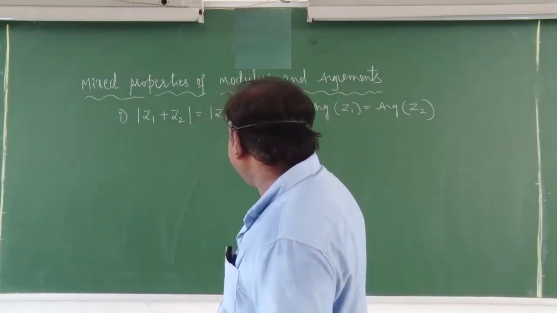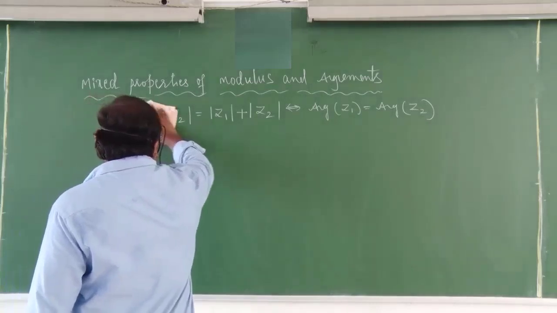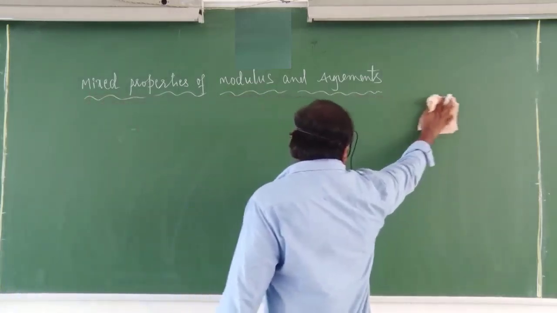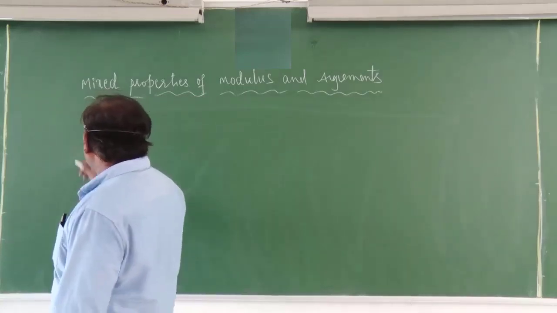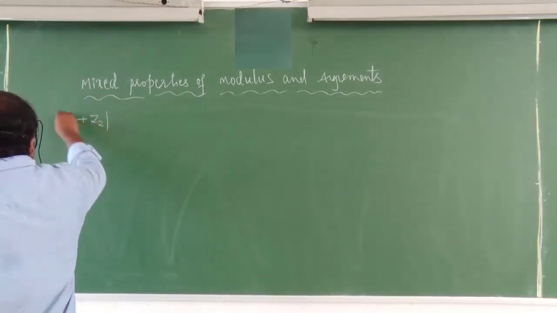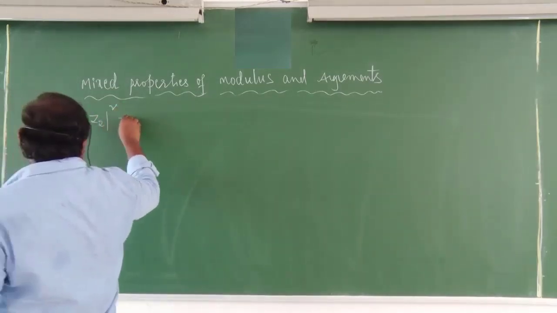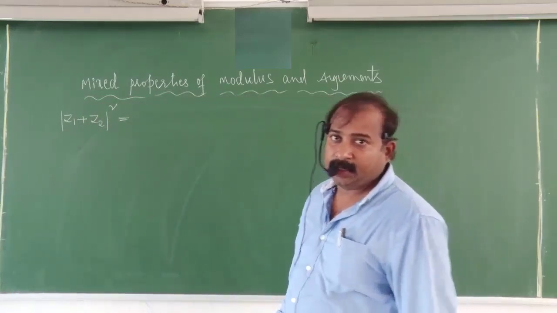Listen, first of all, while entering into this one, consider Z1 plus Z2 whole square. What about this one? Modulus of Z1 plus Z2 whole square. What is this value?